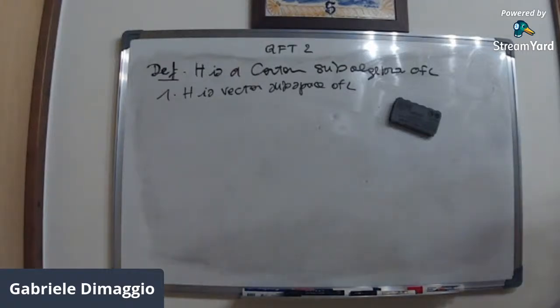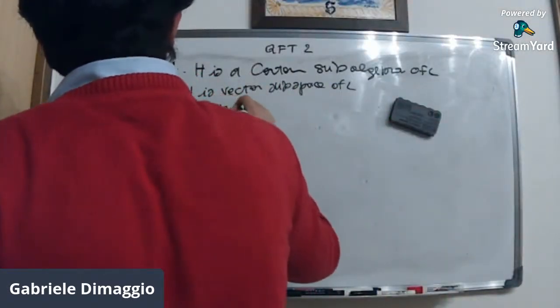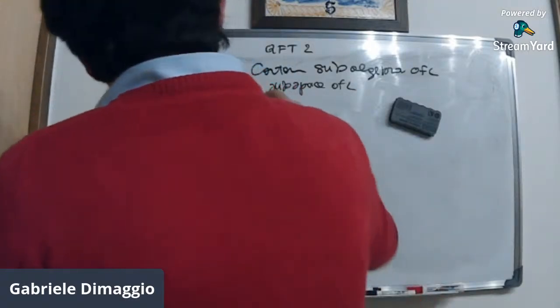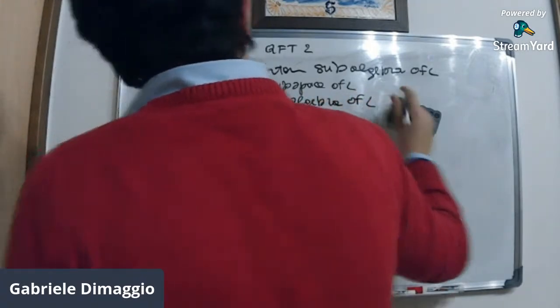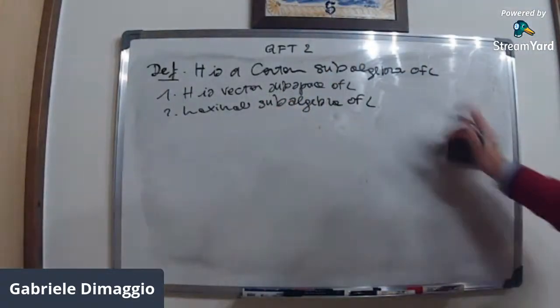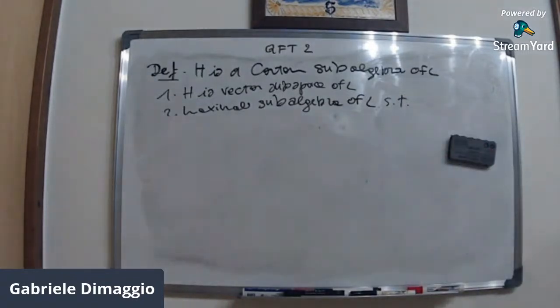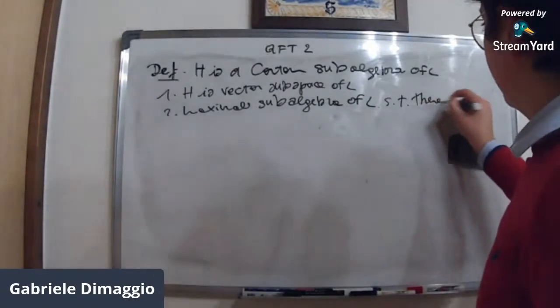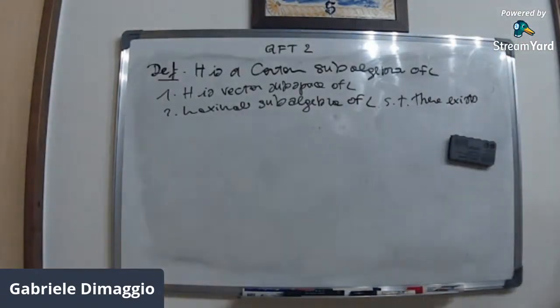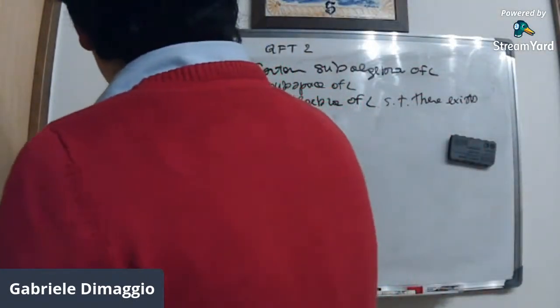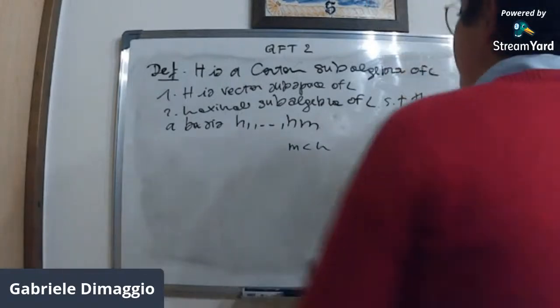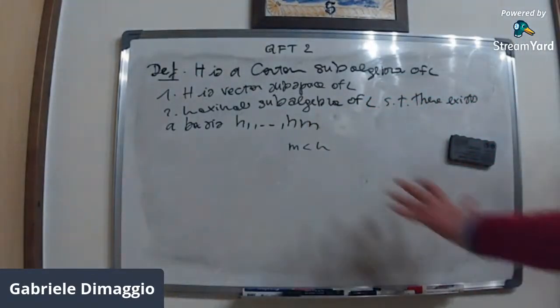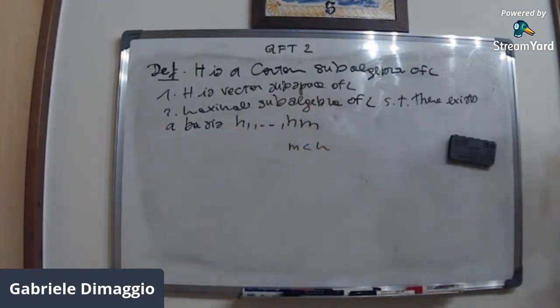So this is a maximal subalgebra of L such that there exists a basis H1 until Hm, where of course m is the dimension of this subalgebra, and n is the dimension of the algebra.